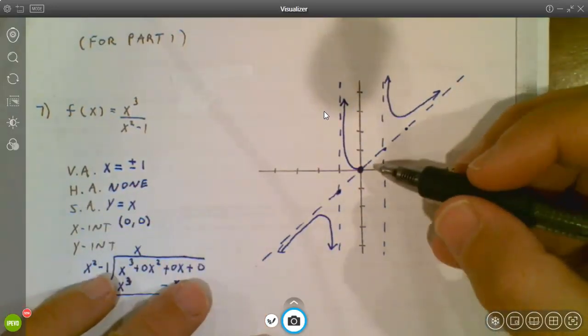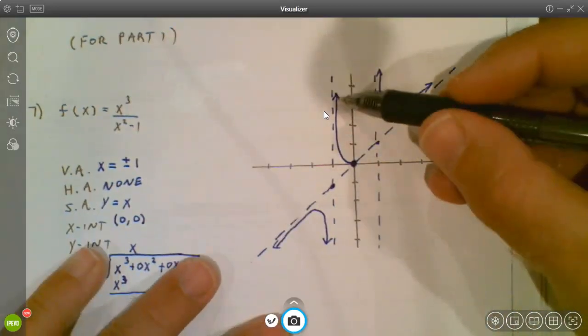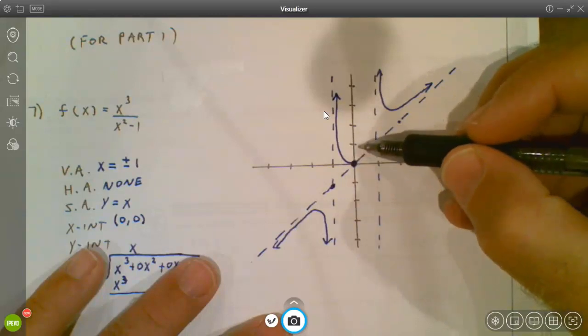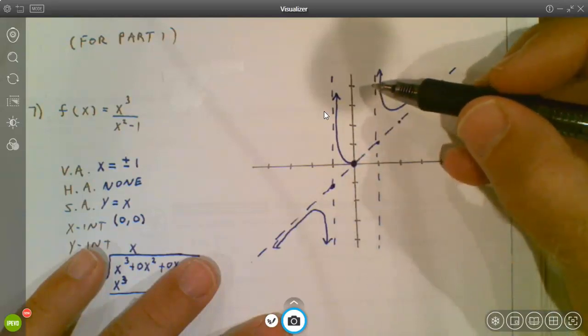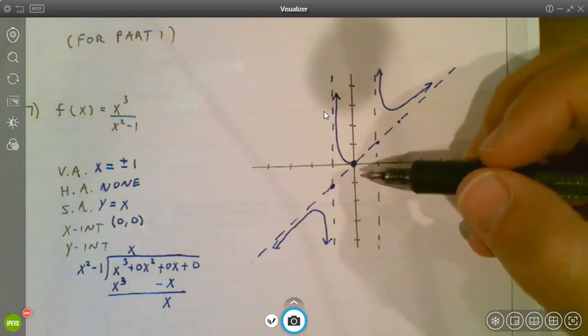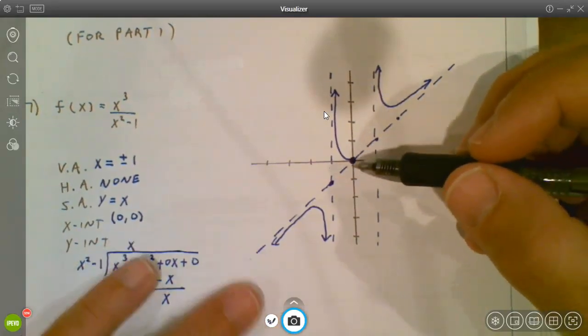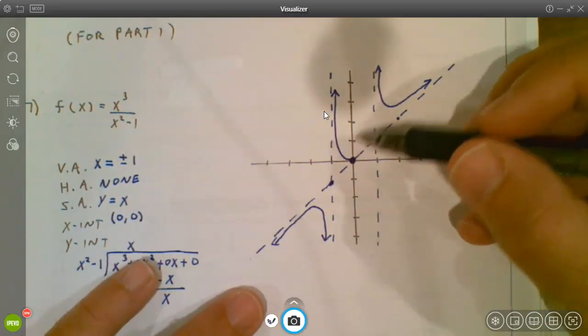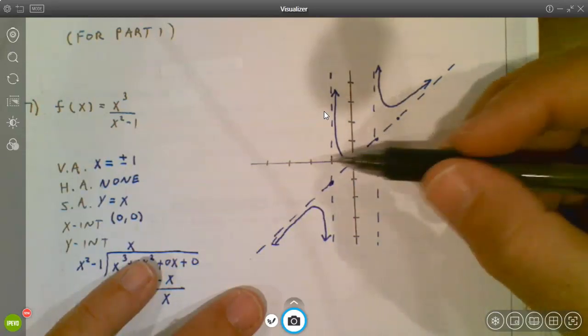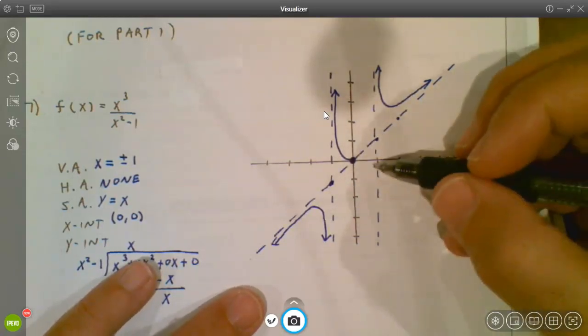What about this region? Potentially, could our graph do something like this, where it comes up into this region? Maybe, not likely, but let's say it's possible. With a slant asymptote, that's a little trickier to run into. With a horizontal, potentially we could do that, so it's still worth testing.